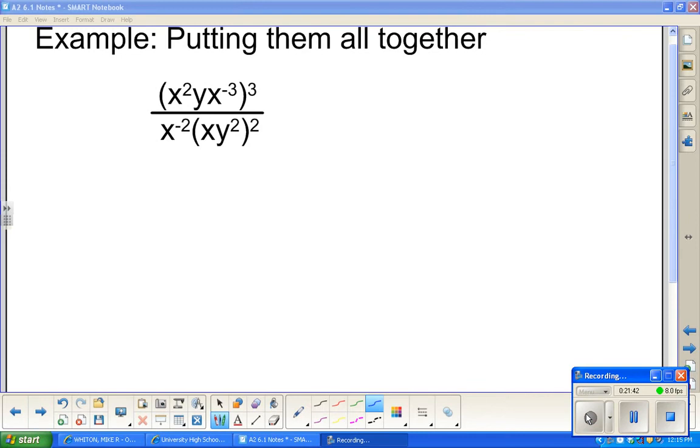Okay, so what would be something we could start with? You want to do the exponent of 3 on the numerator? Okay, that's what I noticed too. The numerator has something in parentheses all to the third power. So I can take each of these individual terms to the third power. That might be a good thing to start with. So x squared, if we take that to the third, becomes x to the sixth.